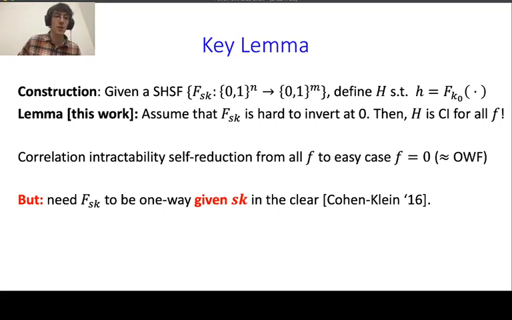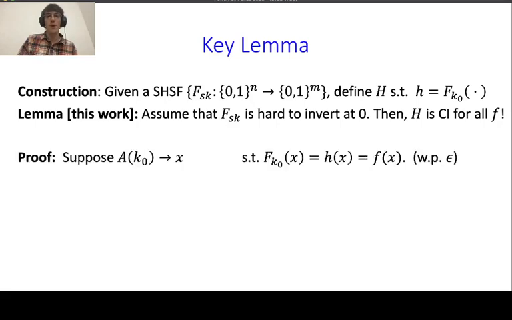Can you argue that it's a one-way function? This has been analyzed in the case of GGM specifically a few years ago. But in general, it's a pretty open question when this is possible. But we're able to show it holds for particular pseudorandom function families that we built. Okay, but anyway, let me explain the proof of this lemma.